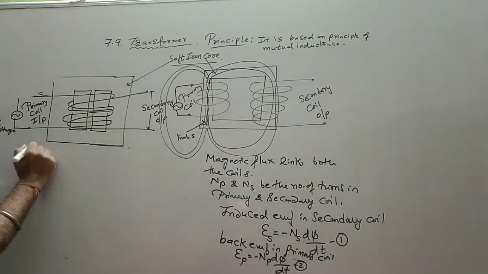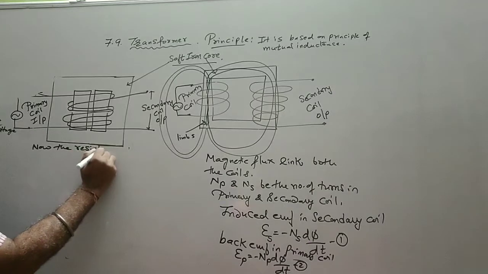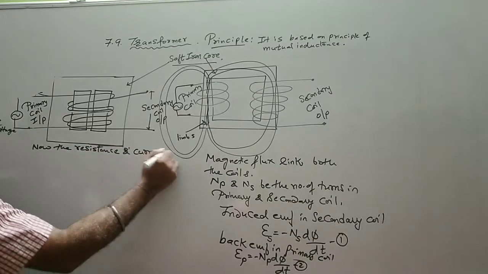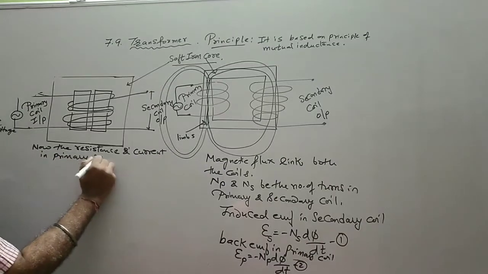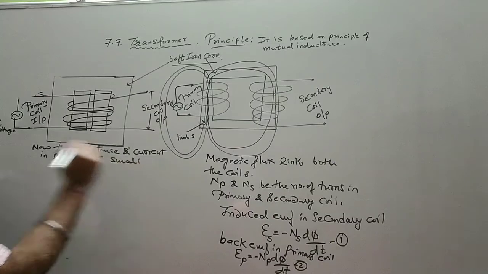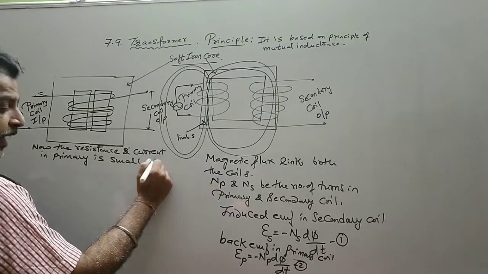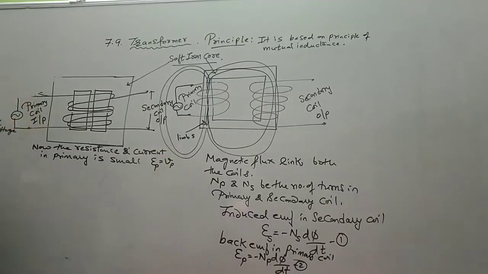Now the resistance and current in the primary are small. So the current and the resistance in the primary coil are assumed to be small. Therefore, we assume EP is equal to VP.